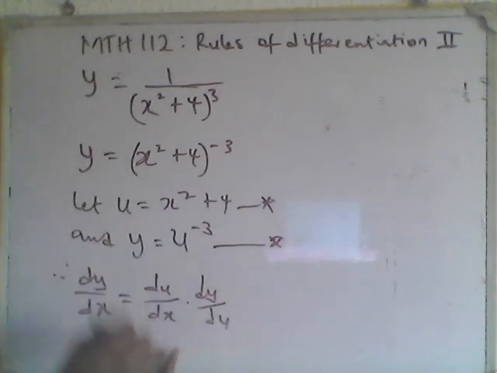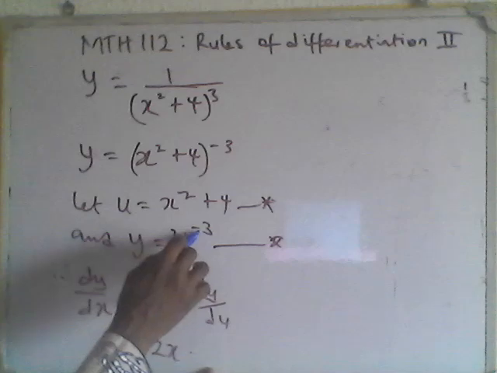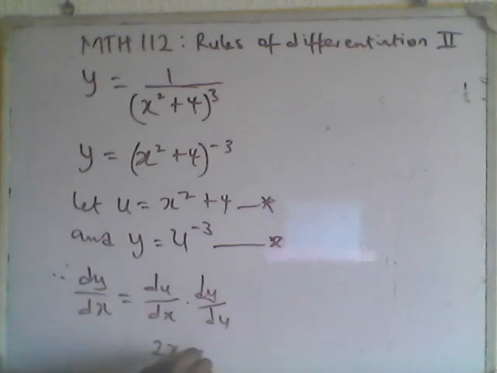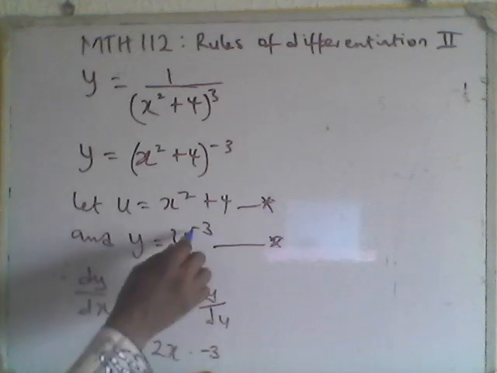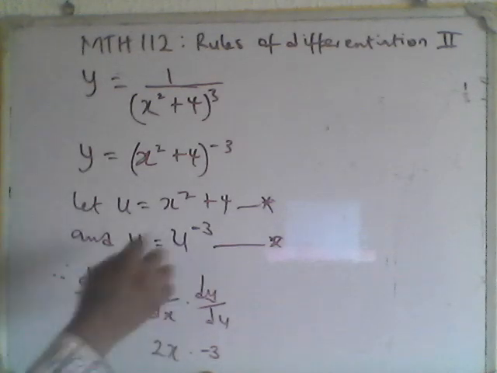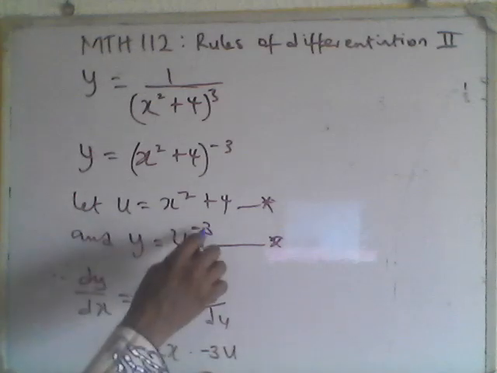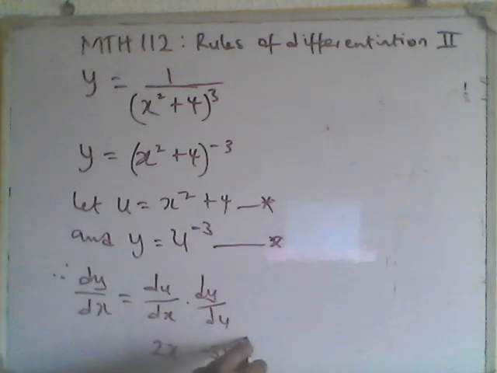So it's 2x times dy/du, this power here will come to multiply the coefficient. So it is minus 3. Note that you are taking the minus sign down, yes, so minus 3. Then you have u. Then this power reduced by 1. So it's minus 3 minus 1, right?